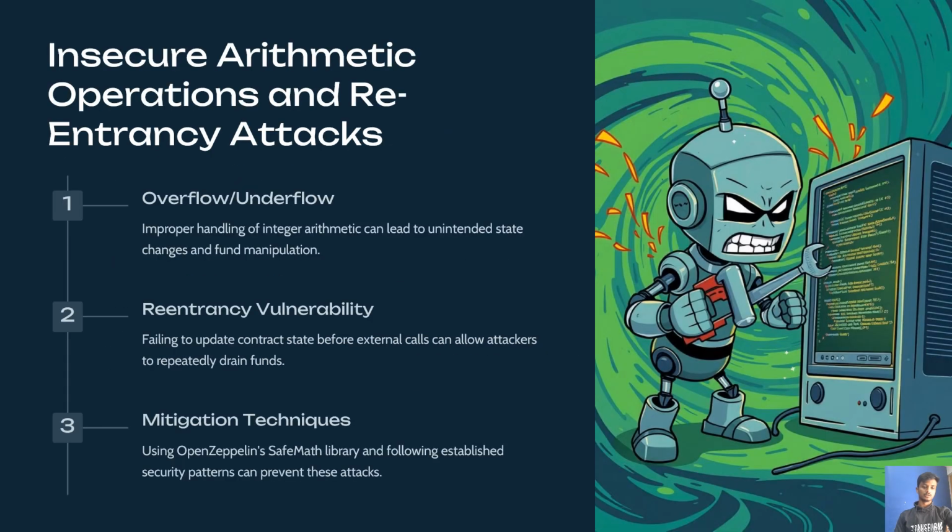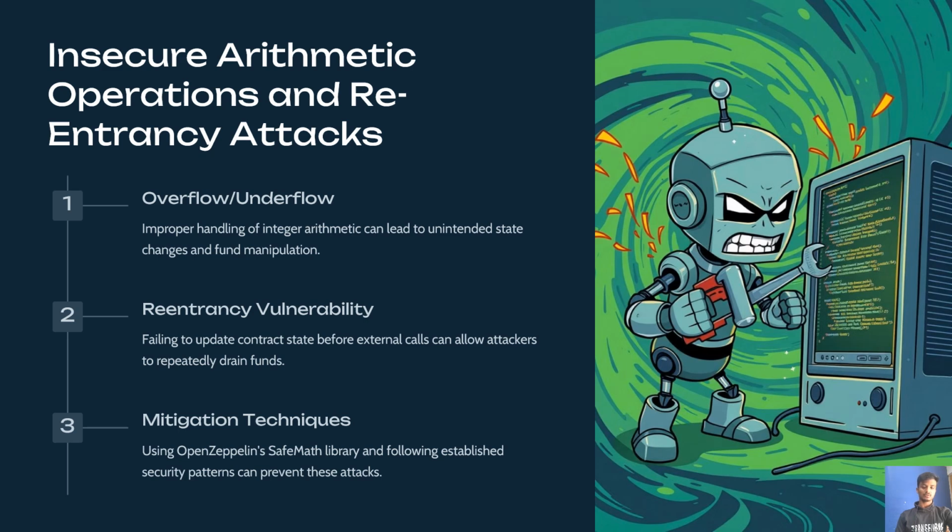Insecure arithmetic operations and re-entrancy attacks. What are the insecurities in arithmetic operations and what are the re-entrancy attacks? Improper handling of integer arithmetic, overflow or underflow, can lead to unintended state changes and fund manipulation.